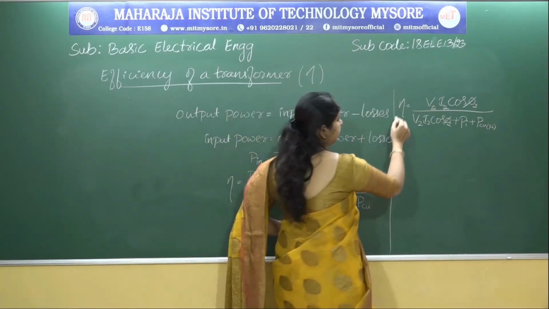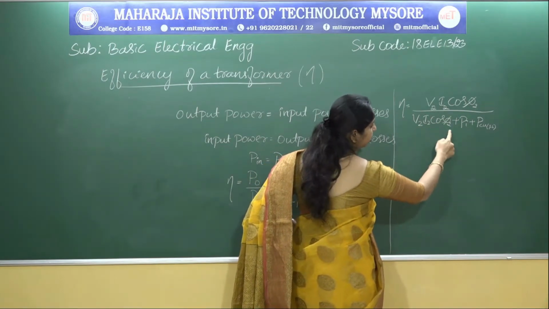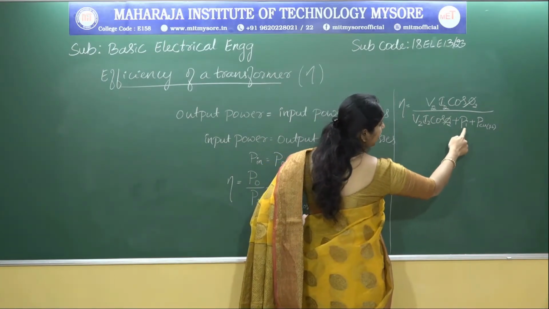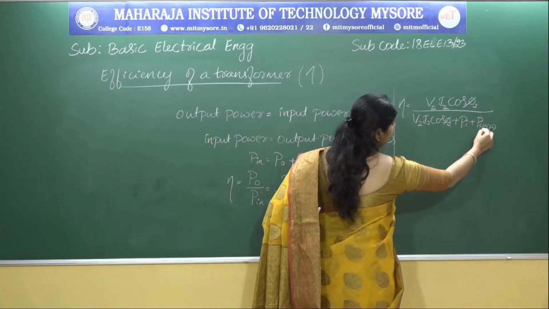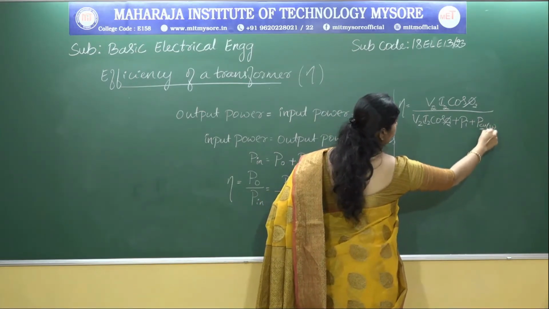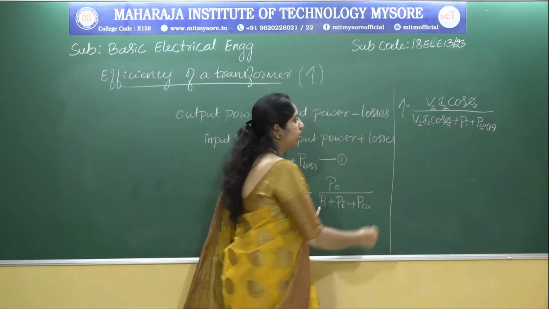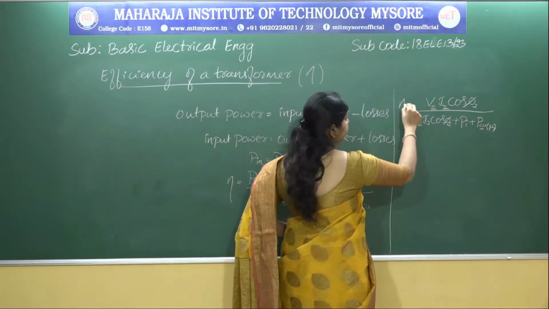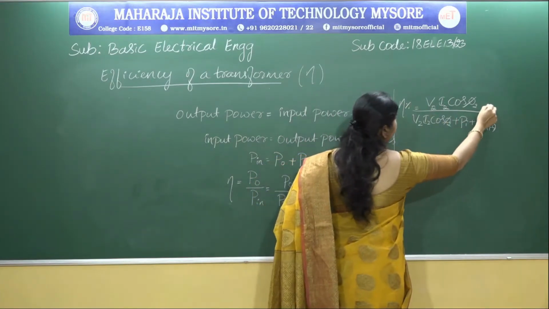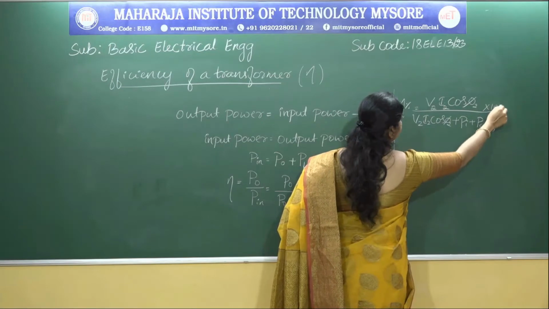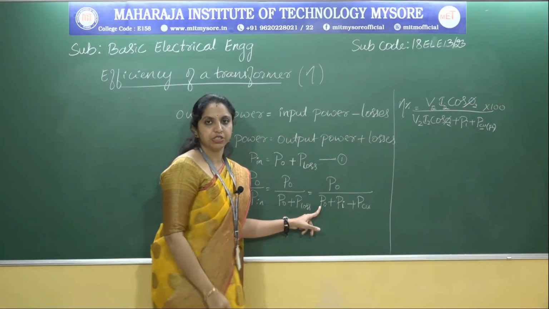So we express efficiency as V2 I2 cos phi 2 divided by V2 I2 cos phi 2 plus Pi plus PCU full load. PCU is again the copper loss, measured for full load. If we express efficiency in terms of percentage, we need to multiply this by 100. This is the efficiency equation.